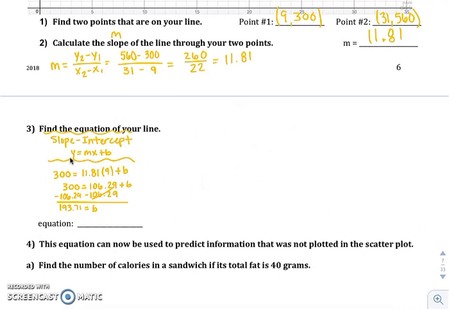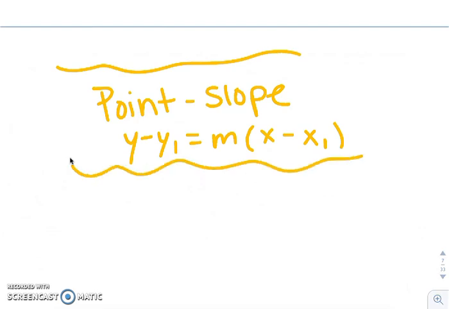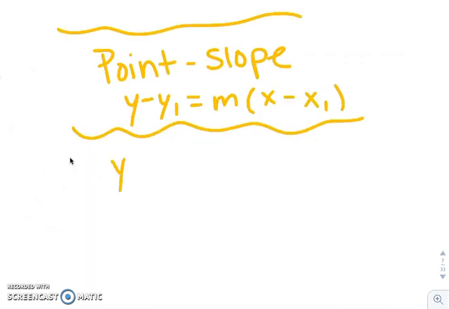I'm just going to leave that there for now, and I'm going to come over and do it with point-slope form also. So again, that was y minus y1 equals m times x minus x1. So you leave the y, and the y1 and x1 is what you plug in. So we'll use that same point, 9, 300. So the 300 was the y.